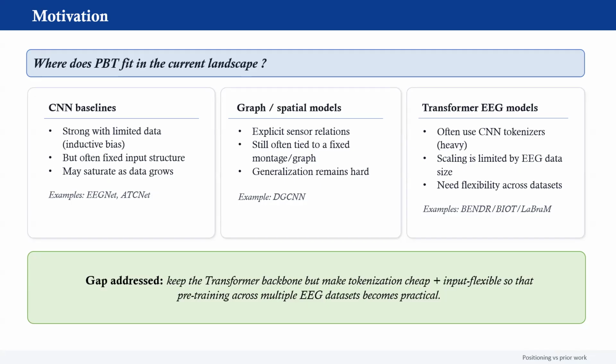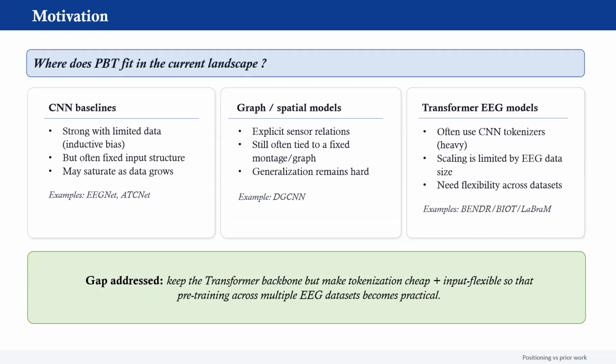The second are graph-based approaches. These methods explicitly encode relationships between electrodes and can leverage spatial structure, but they usually require a predefined graph or a montage, which again makes cross-dataset transfer difficult when sensor layouts differ. So in practice, generalization challenges still remain with these methods as well.